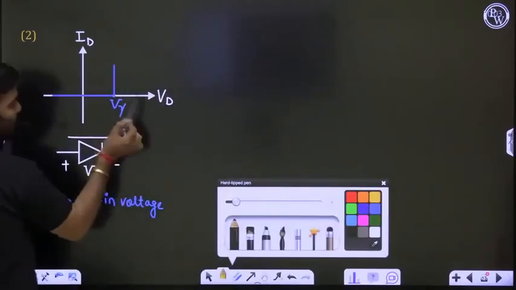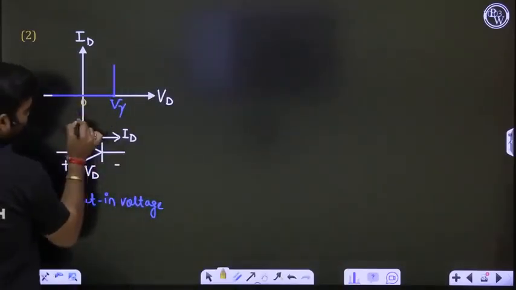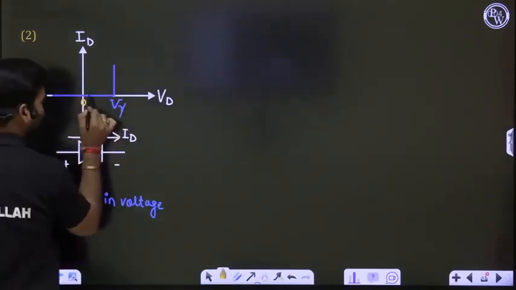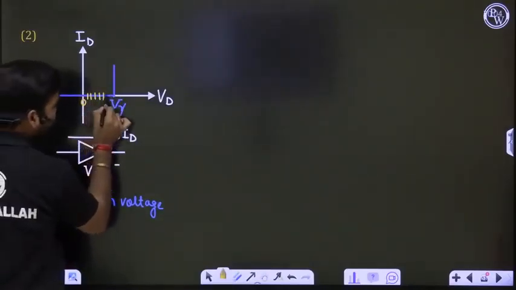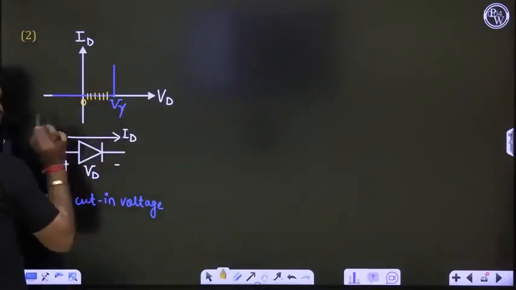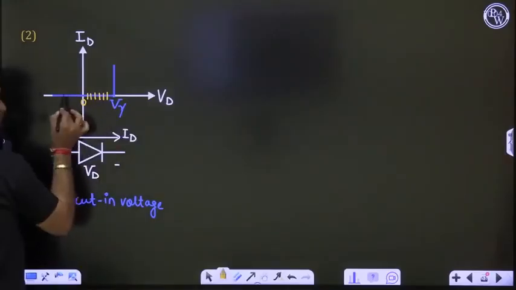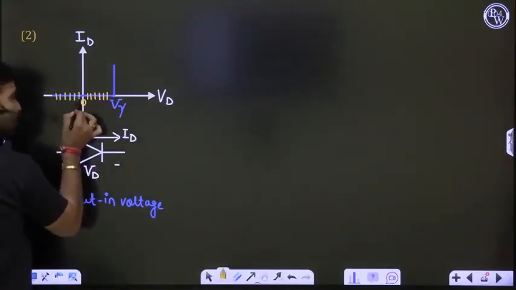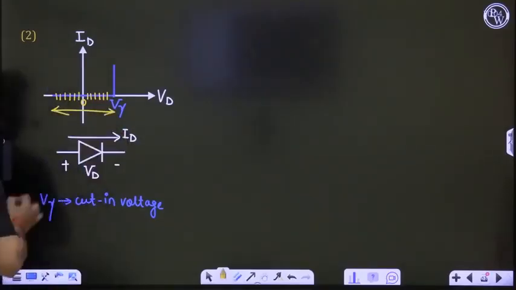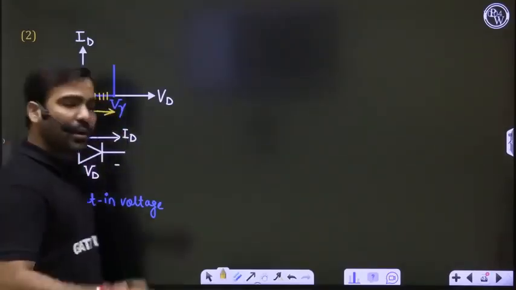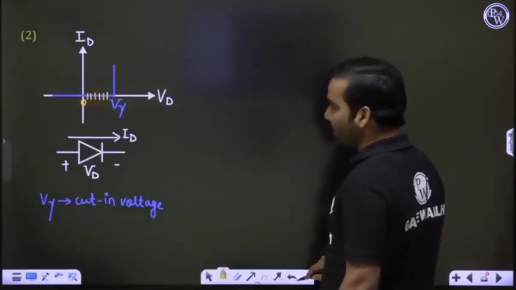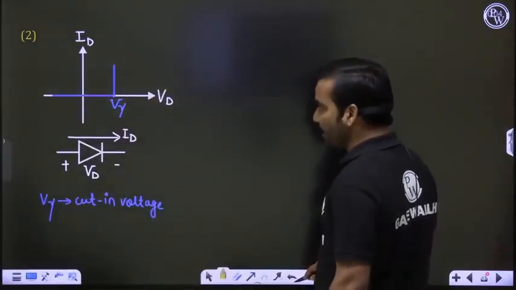When this diode voltage VD is positive but less than V gamma, current is zero. When VD is negative, then also current is zero. Meaning when VD is less than V gamma, current is zero.